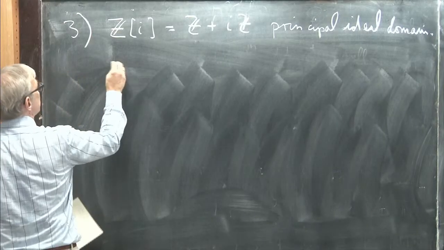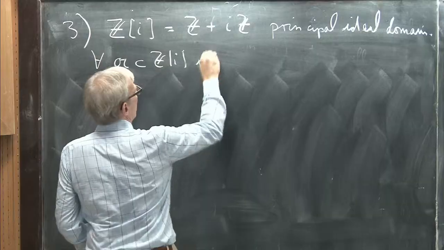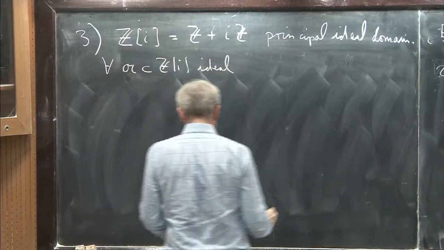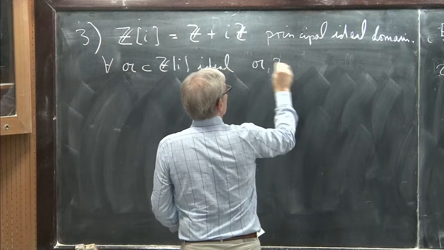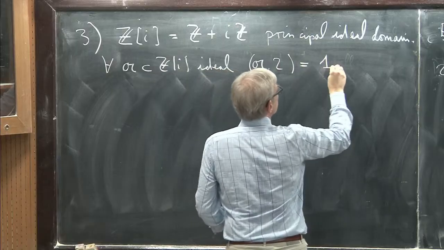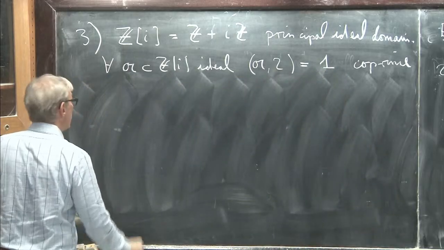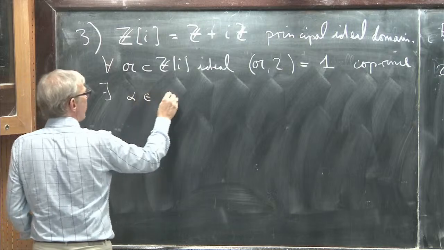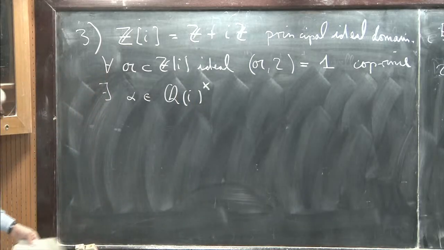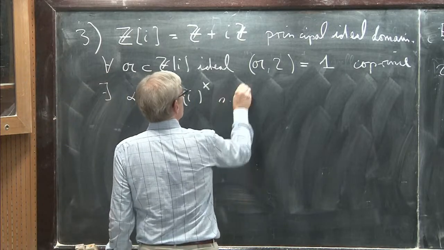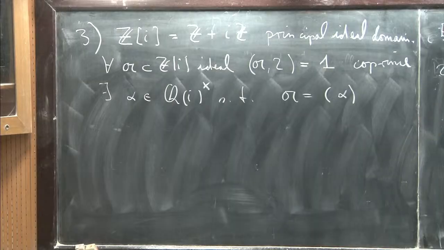So this implies the following. Whenever I take an ideal A in this ring which is coprime to 2, so this means 2 does not divide this ideal, then I can show that there exists an alpha, an algebraic number in that field, the quotient field generated by this, such that the ideal A is really principal, generated by that alpha.